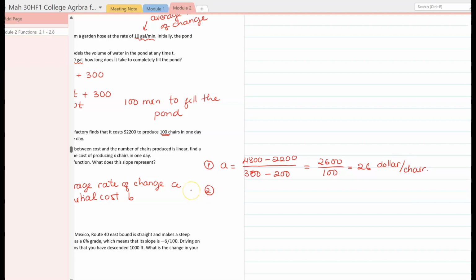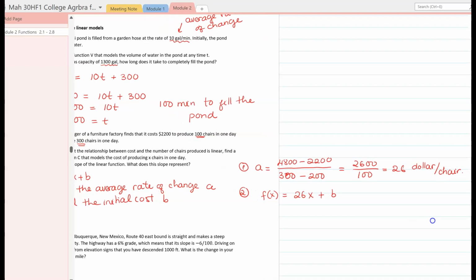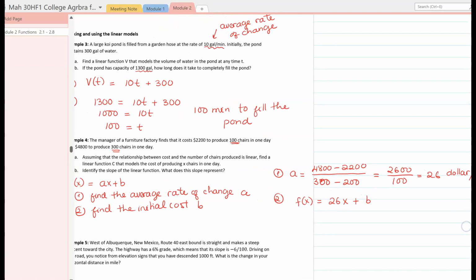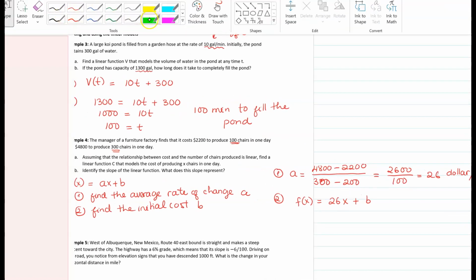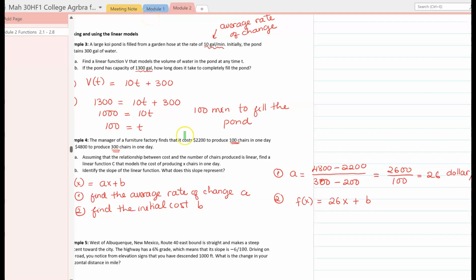Step 2, we want to find the initial cost. Well, we know c of x is equal to 26x plus b. Now I will use the information that is given to us, one of the ordered pairs. If it costs $1,200 to produce 100 chairs, I can plug that information into the equation that I just came up with in order to figure out b.